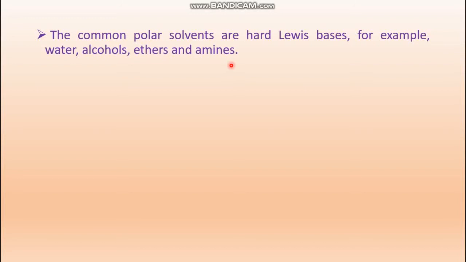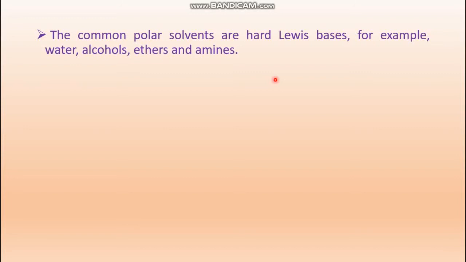As the cationic charge is higher, it becomes harder. And the fact is that hard acids like to combine with hard bases and soft acids like to combine with soft bases. Very soon we are going to discuss this topic, but for now just have this knowledge that water, alcohols, ethers and amines all are hard Lewis bases.